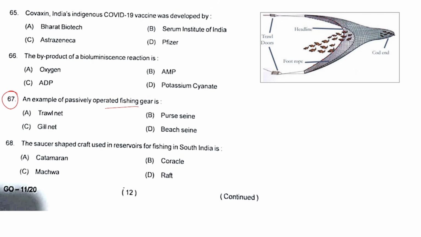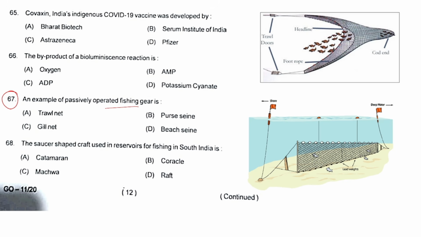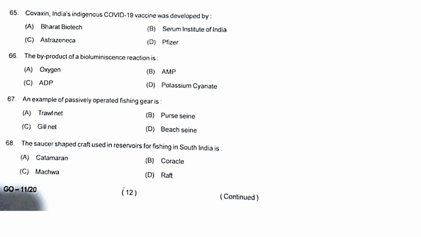And passive type of fishing gear are something in which the fish swims, and in the course of swimming it gets trapped into the nets. So these are the two types of fishing gears present. So the right answer for this will be option C, that is the gill net. So this is an example of a gill net in which the fish is passively swimming and getting trapped into the nets.